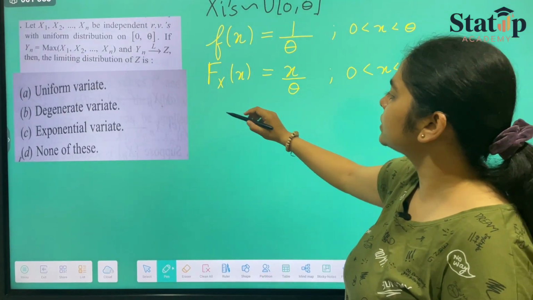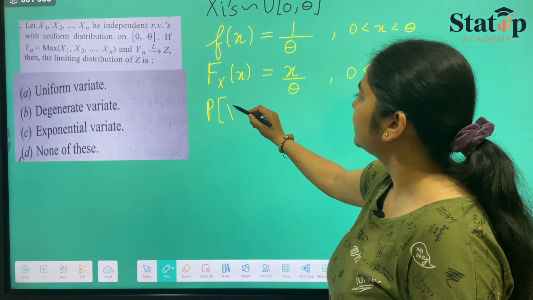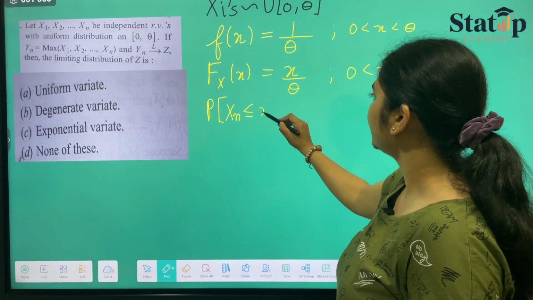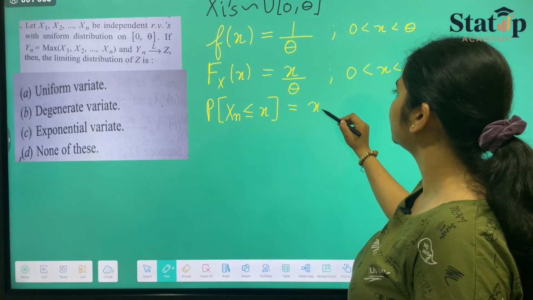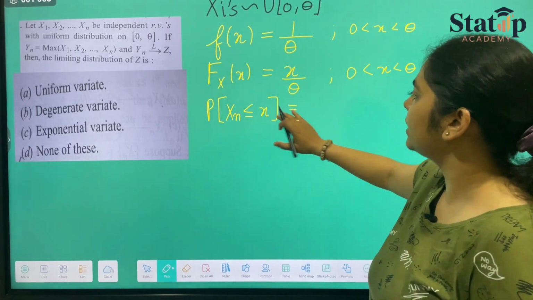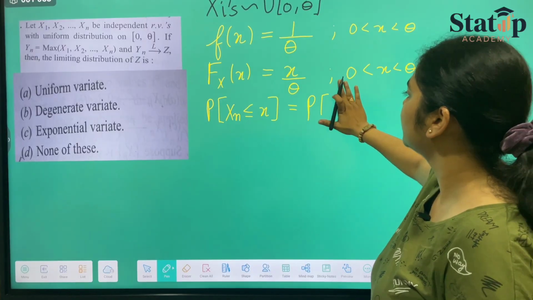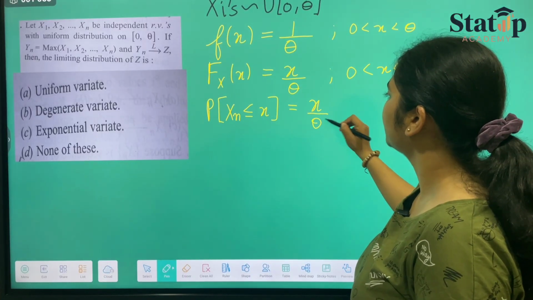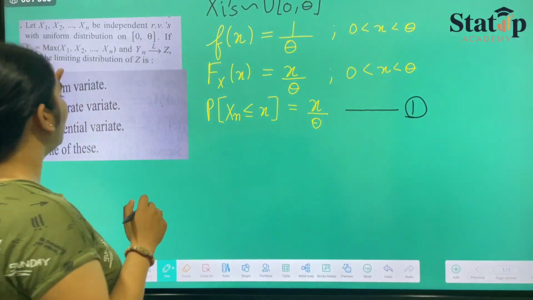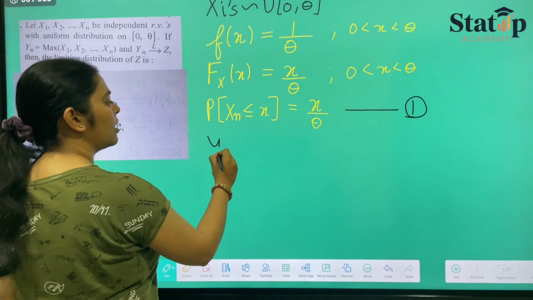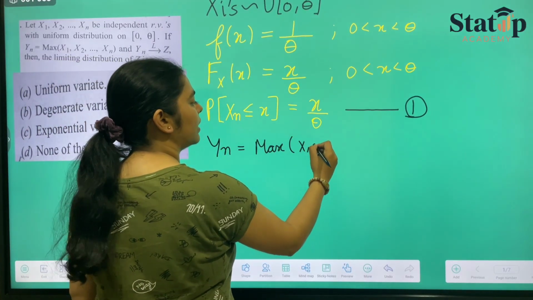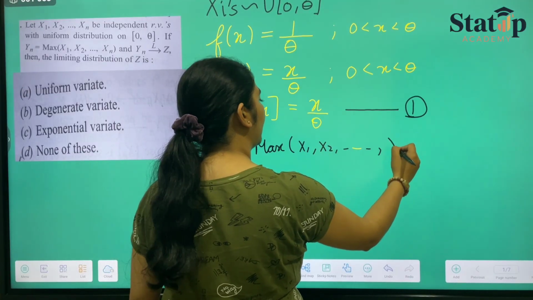Now this can be written as the probability that Xn is less than or equal to x, which is x upon theta. This is our equation number 1, let us suppose. Now they have asked us to calculate for Yn, and Yn is nothing but the maximum of Xi, X1, X2 up till Xn.